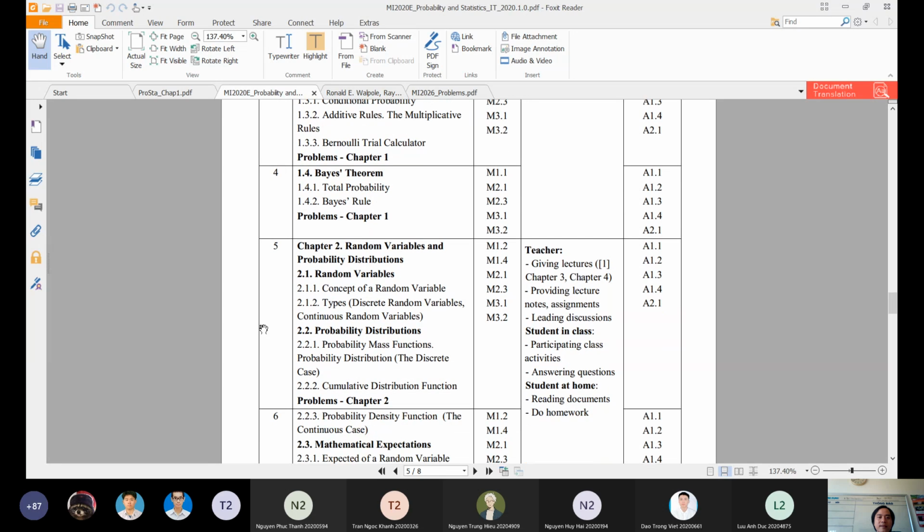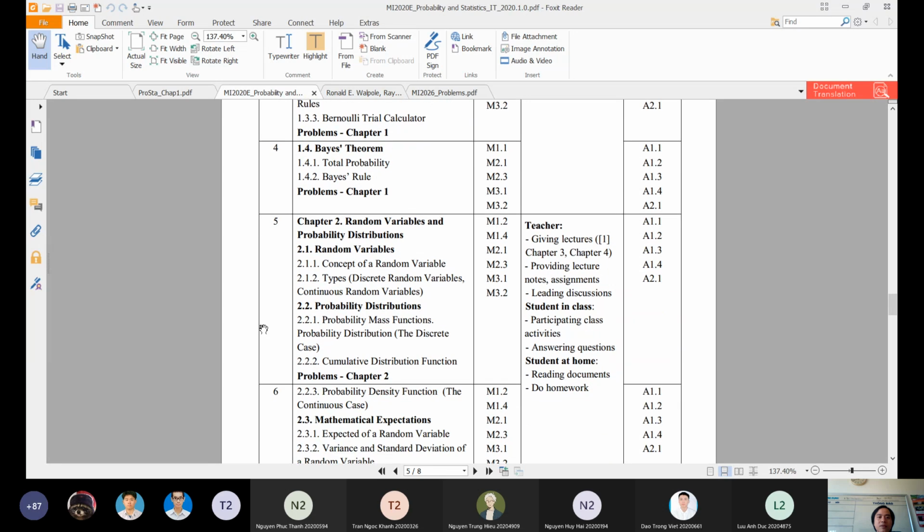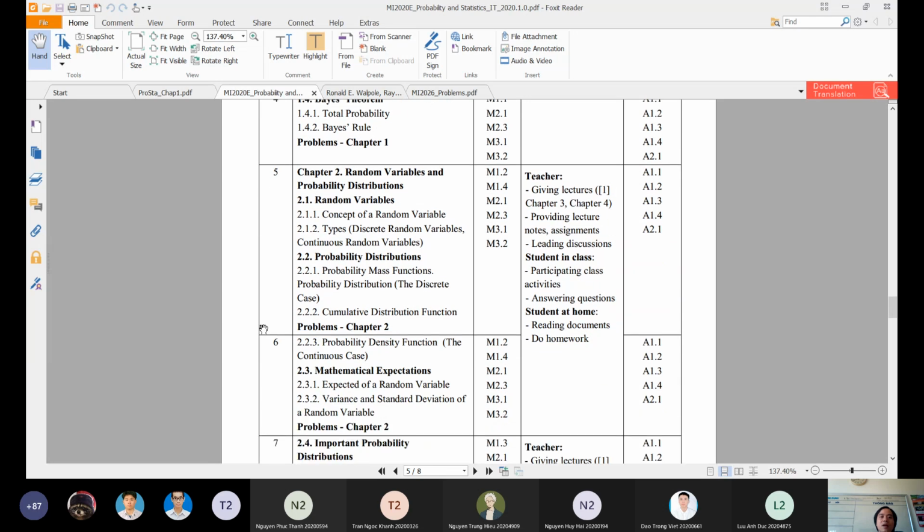And then next, in chapter 2, we will cover random variables and probability distribution of random variables. We will consider 2 types of random variables: discrete random variables and continuous random variables. Okay.